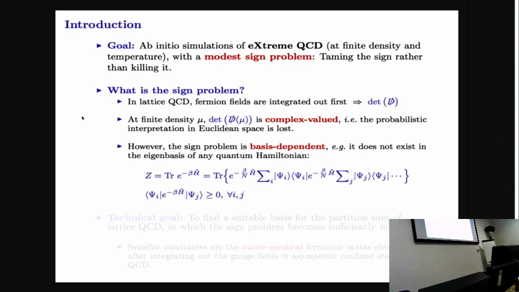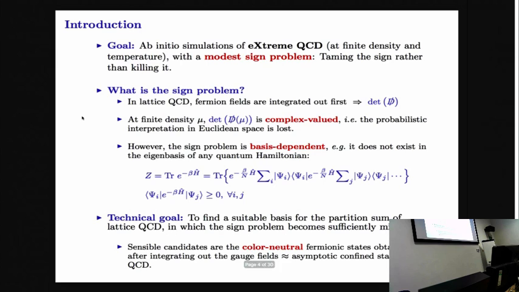This gives you a reason why you could look for a different basis for your partition sum, and so the technical goal of this talk and of our project is to find some suitable basis for lattice QCD or similar theories in which the sign problem becomes sufficiently mild so we can do numerical simulations efficiently.